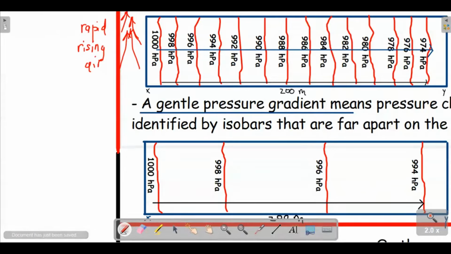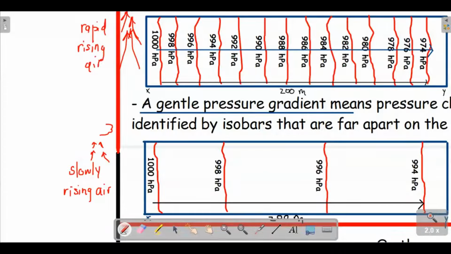So you have weak winds, and if you have rising air here, the rising air will rise up slowly, and so it cannot build tall clouds.